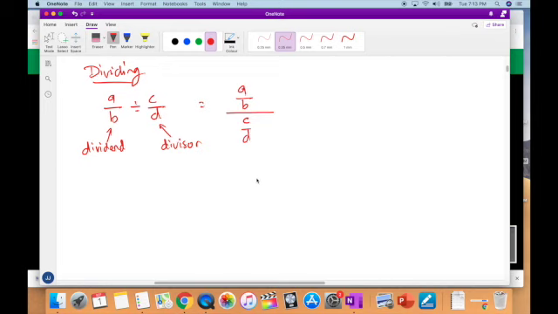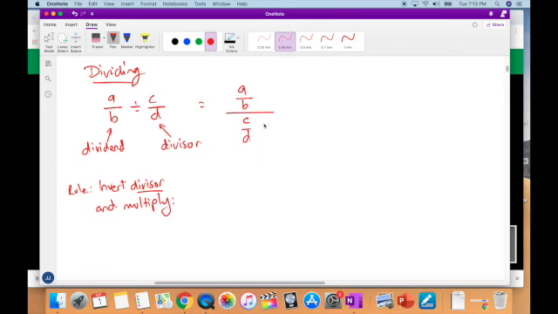And what do we do when we divide by fractions? What's the rule? You invert the divisor and multiply.